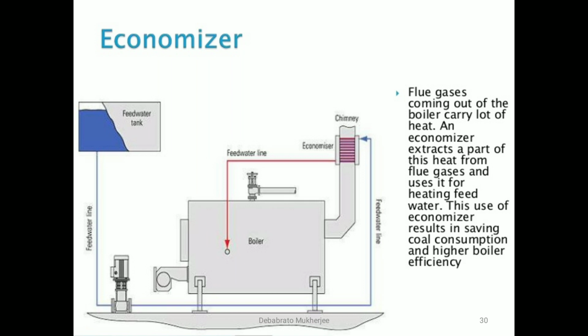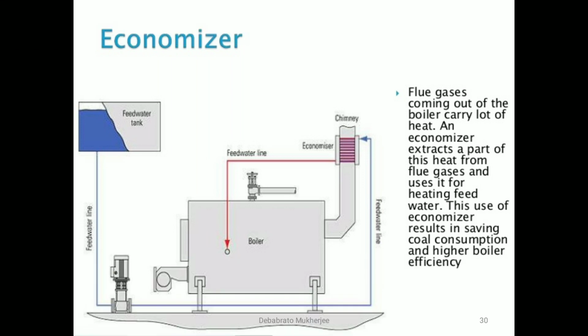What does an economizer generally do? The exhausted steam is given to the economizer so that the temperature is cooled down and the gaseous state is converted to liquid state. The gas which is left flows to the chimney, and the water which is converted to liquid is again fed to the boiler.